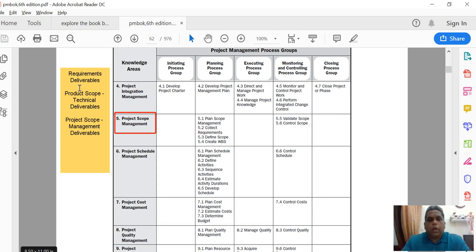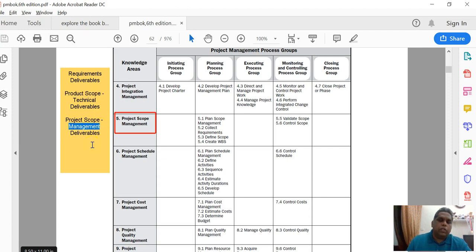Let's say you're working on creating software for an organization. When you are developing software, you would need to code the application. Your code could be an example of your product scope, whereas the risk register, for example, that you create to manage the risks on your software development project is an example of your management deliverable.